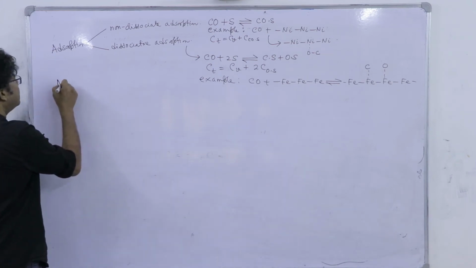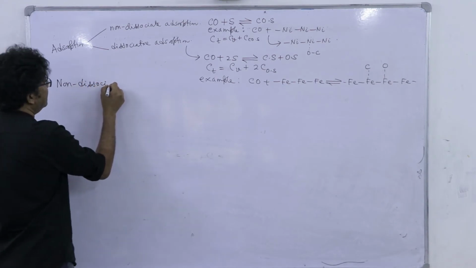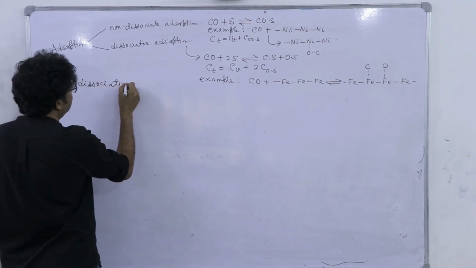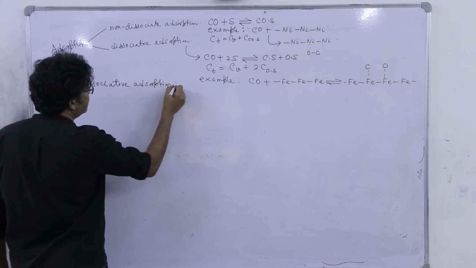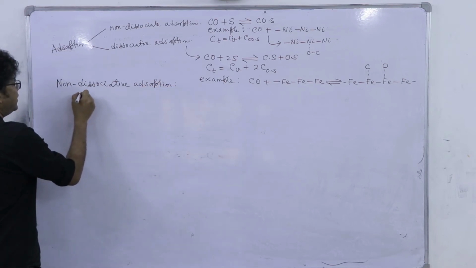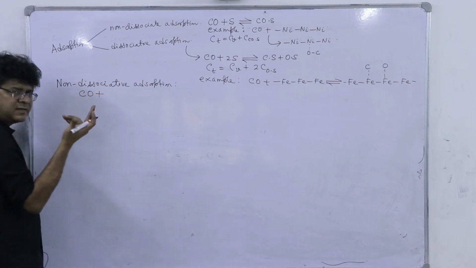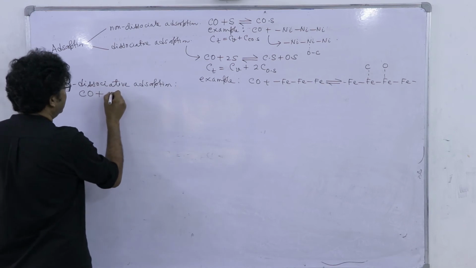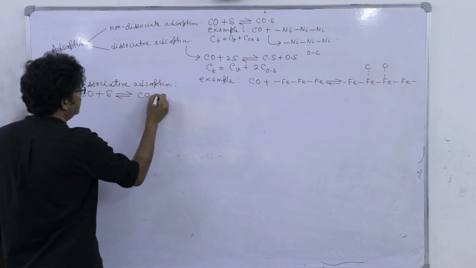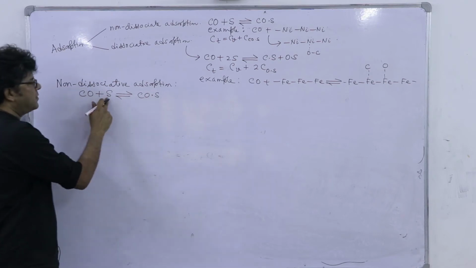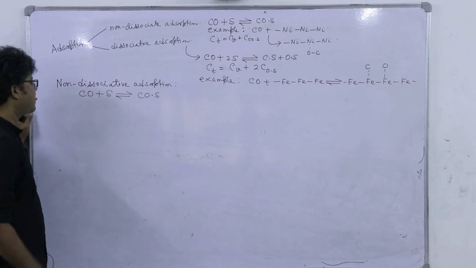So first is non-dissociative adsorption, right. So you see that here the reaction, if we consider carbon monoxide, you can consider A or you can generalize it to anything. So it is CO dot S. It's simply A plus S giving A dot S. You can replace it like this.